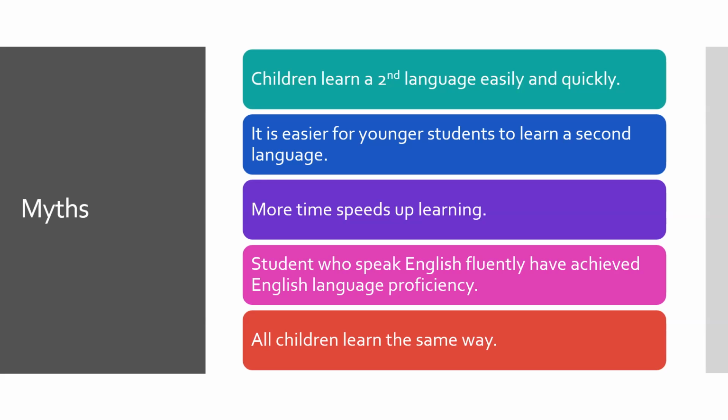So, for example, in a high school class, if we had a student who speaks very fluent English, but we notice that they're having trouble comprehending text, they may need support in their first language to help scaffold meaning and comprehension. And myth 5, all children learn in the same way. Not true. We need to have all kinds of strategies to reach all different kinds of learners.